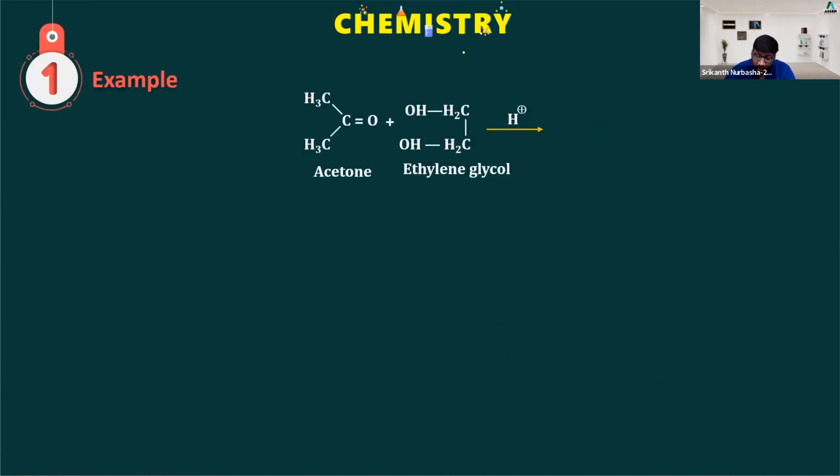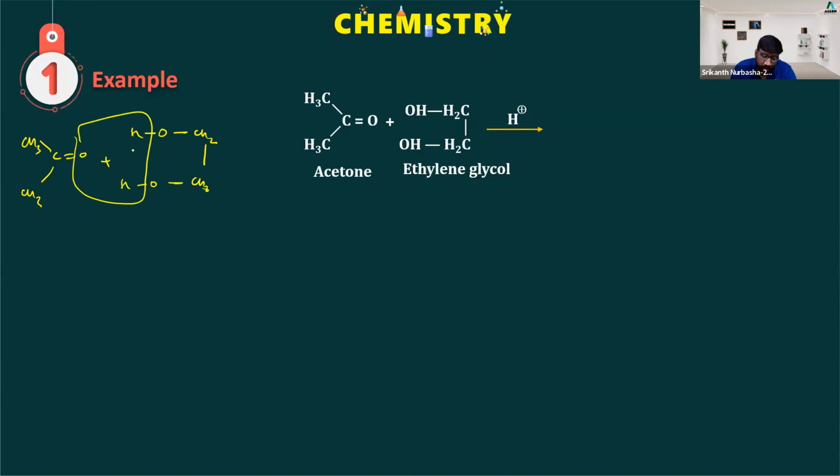Try to do this example. Acetone reacting with ethylene glycol in the presence of H plus forms what? First step, we can write it in this manner. How to write the shortcut? CH3 C double bond O CH3, and the oxygen is connected with the OH of CH2OH, because it is a dihydric alcohol, not a monohydric.